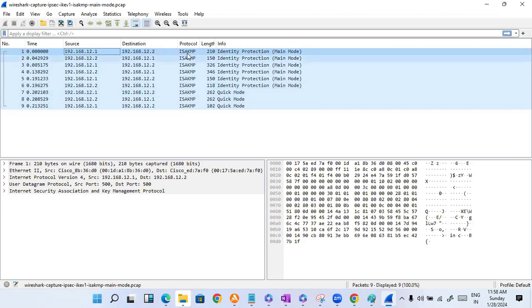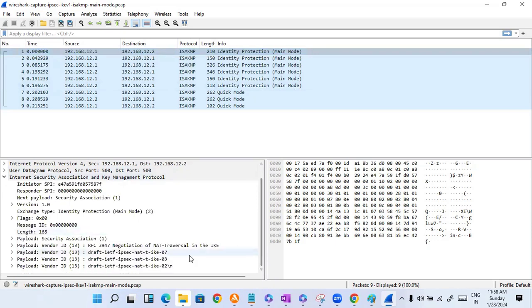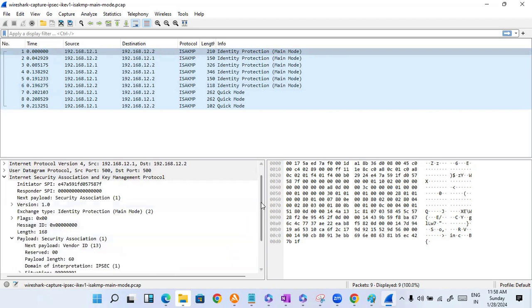So you understand what the protocol is: ISAKMP is the protocol, on which, like SIP, you negotiate the IPSec tunnel setup process, and you will understand it better. If we open this message, it has different payloads, the security association.